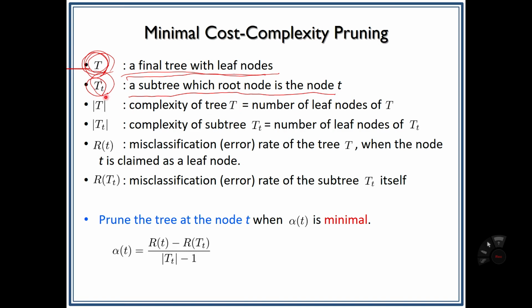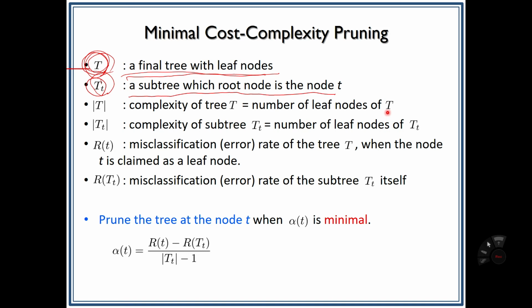And this symbol is the complexity of T. Even though it is expressed by the term complexity, it is simply the number of leaf nodes of T. So as the number of leaf nodes is large, we say that the tree is more complex. If a tree has fewer leaf nodes, then we say that the complexity of the tree is low.